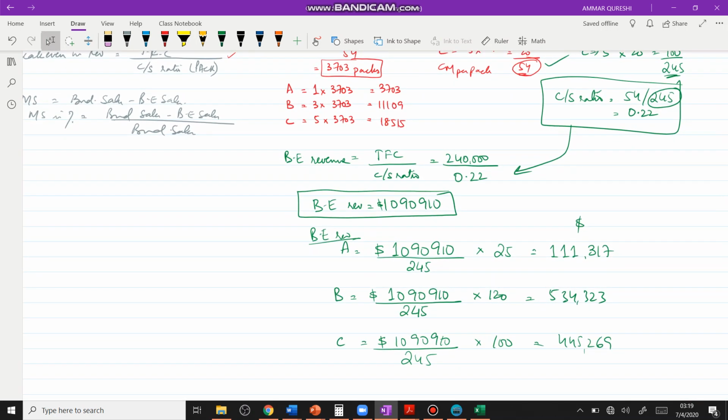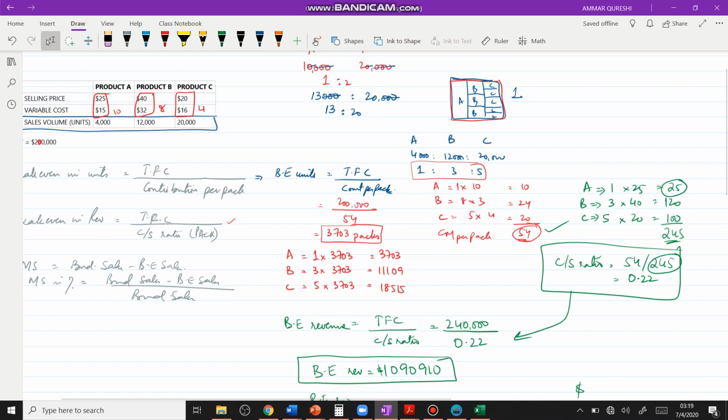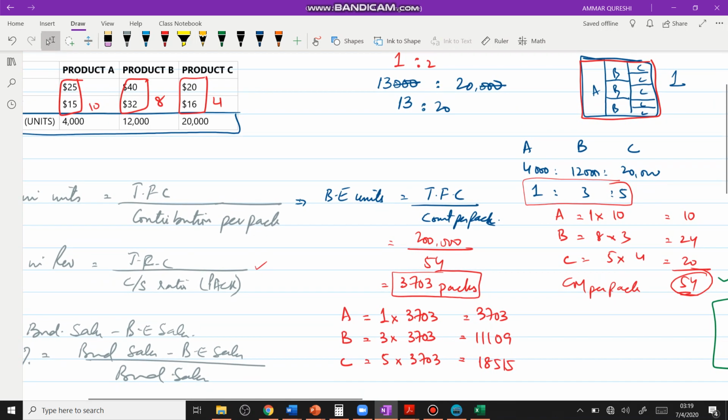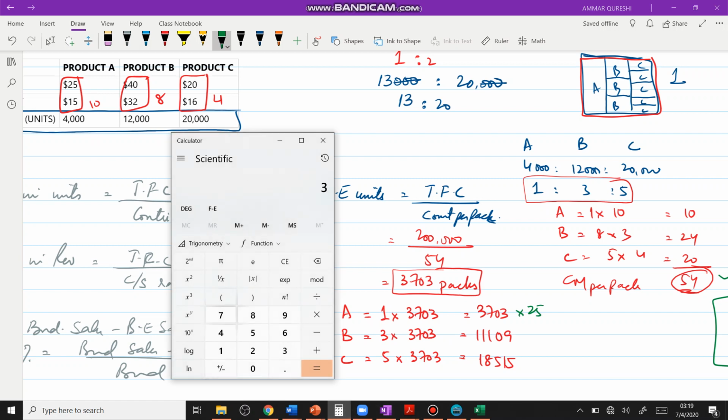Now if you really want to check whether it's correct or not, you just need to multiply break-even in units with the selling price, right? If I multiply this figure with 25, let's see what we get. 3703 times 25 is 92575, right?